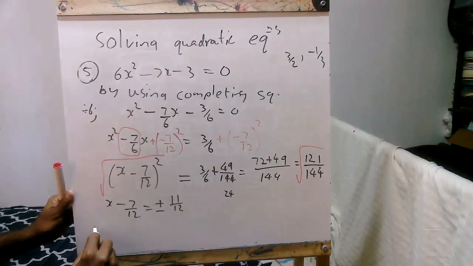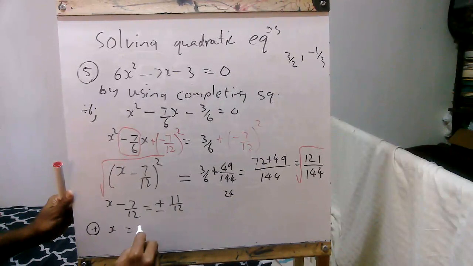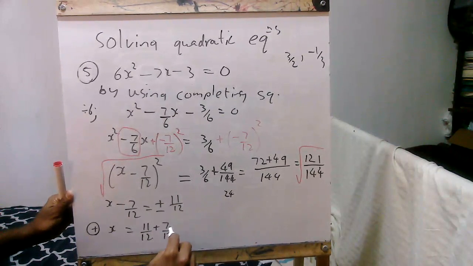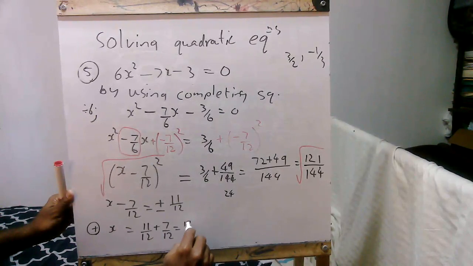Then with plus we get x equal to 11 over 12 plus 7 over 12, which is what? 18 over 12.